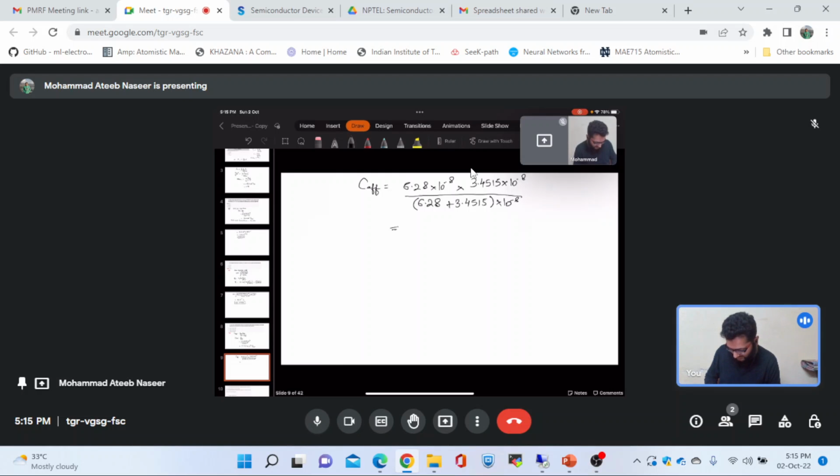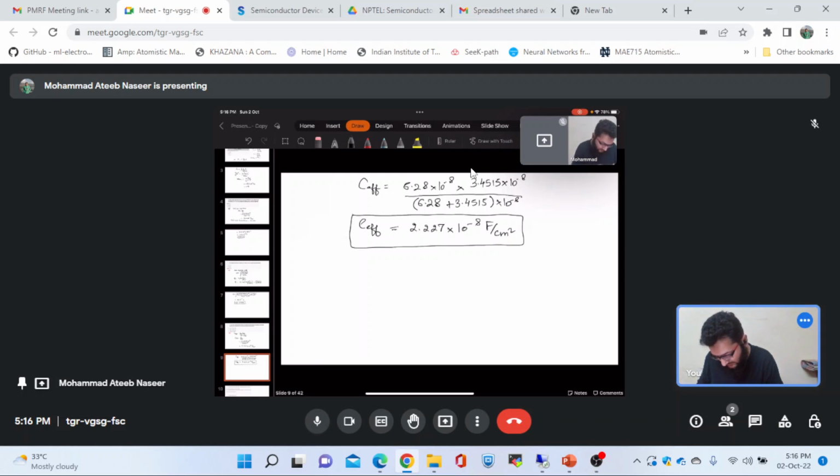This has to be divided by this sum, which is 6.28 plus 3.4515. So it is approximately equal to 2.227 into 10 raised to the power minus 8 farad per centimeter square. So we have got the effective capacitance to be equal to this number.